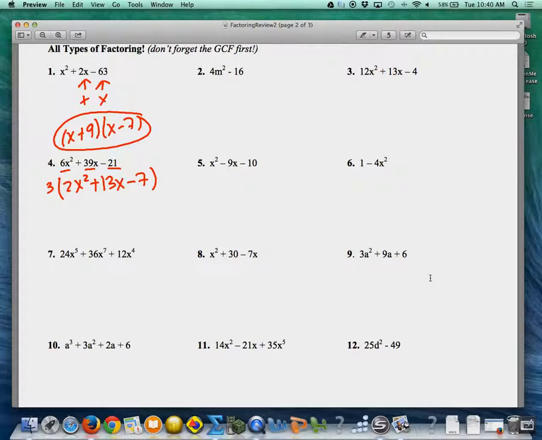Let's look at problem 7. Okay, problem 7. What are a few things you notice about it? Okay, the exponents are higher. What else? There is a GCF. The numbers are bigger.